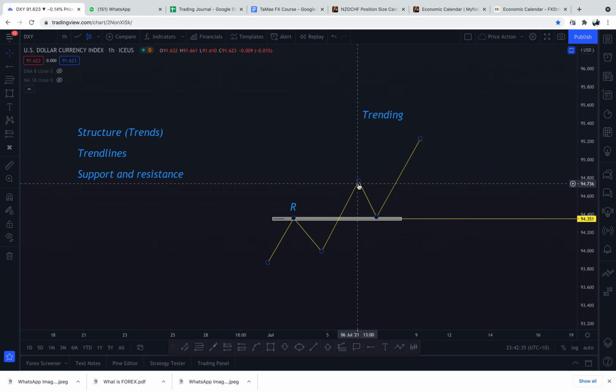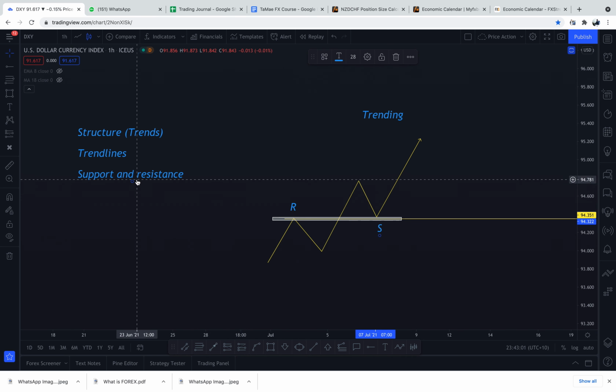It broke through. So if price breaks a resistance, that resistance becomes a support. Price broke the resistance and came back to find support here. So we call this support.